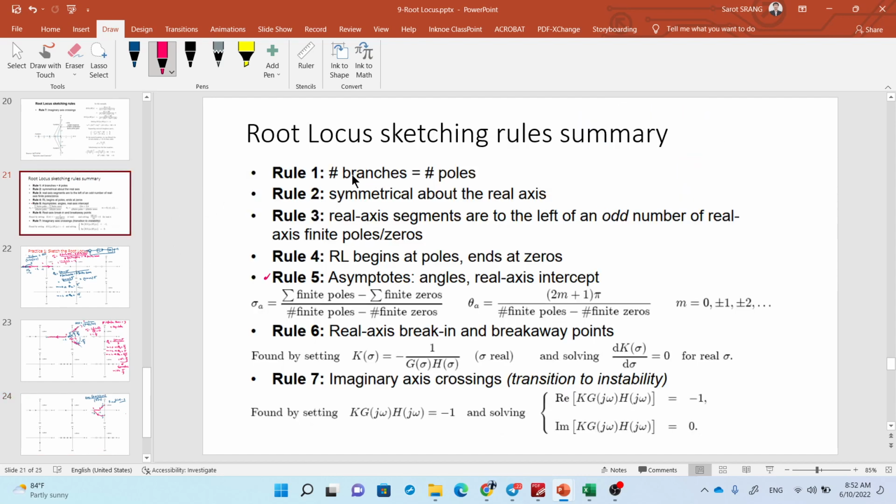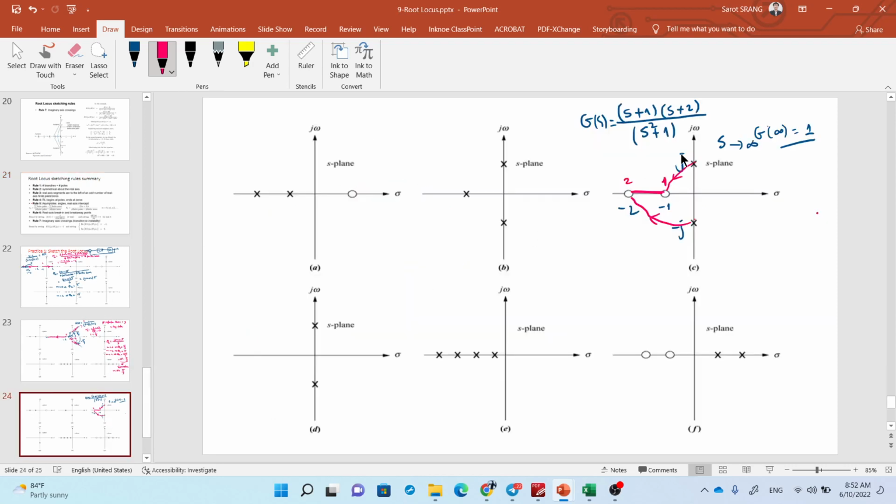Let's see rule number 1, number of branches equals number of poles. Is it fine? I don't think so. This one already violates. No, it's asymmetric. Yeah, that one also does not violate. But let's see rule number 1. 1 branch, 2 branches.